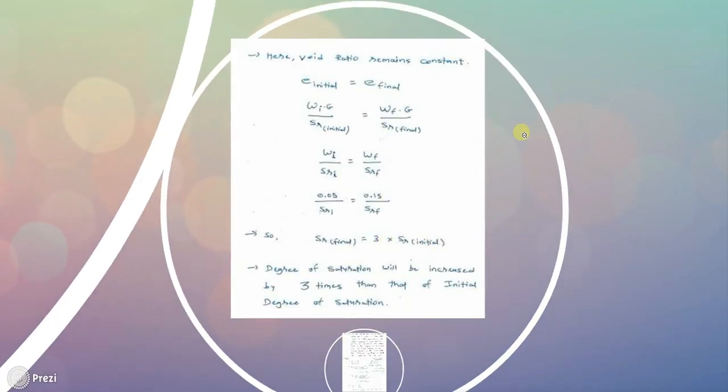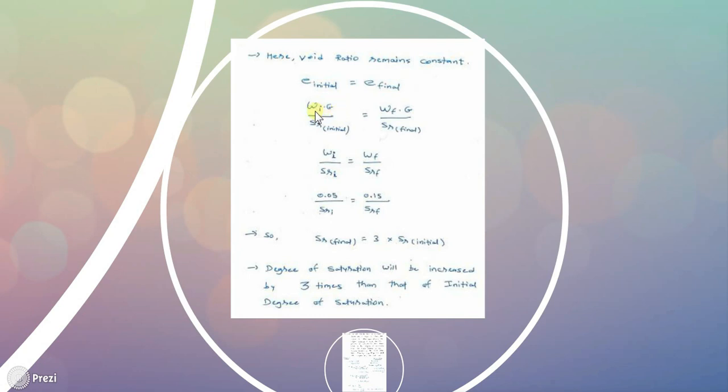Here in the problem it is told that void ratio will be constant. So I can compare initial void ratio as well as final void ratio. Void ratio has the formula W G upon S R. Here the specific gravity of the soil will not change.